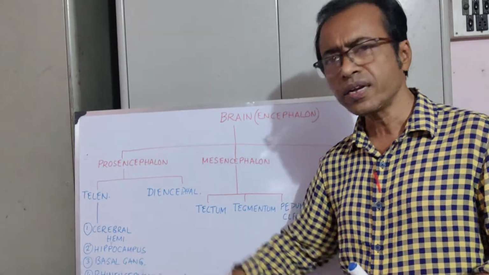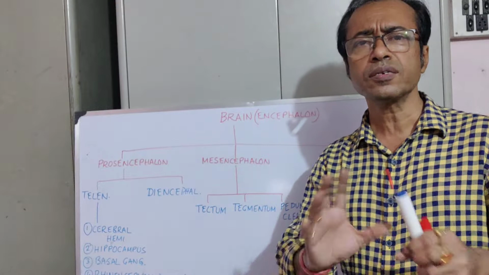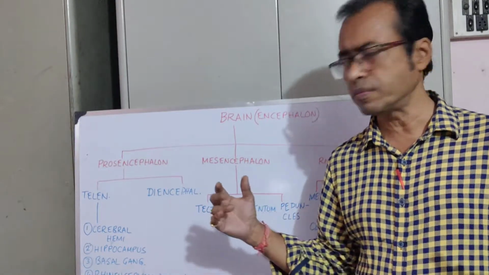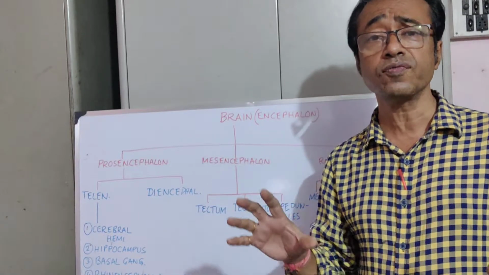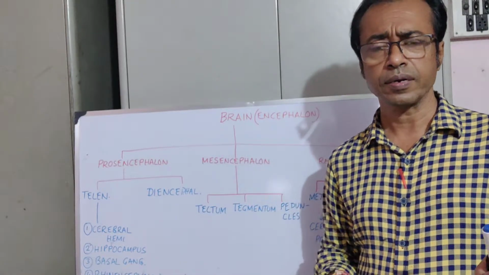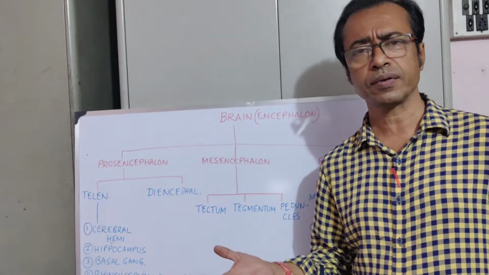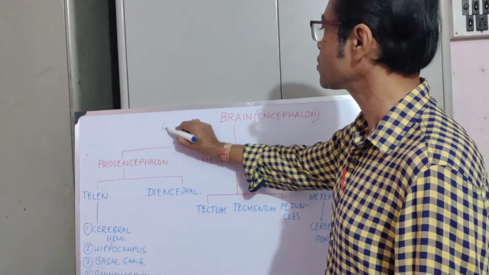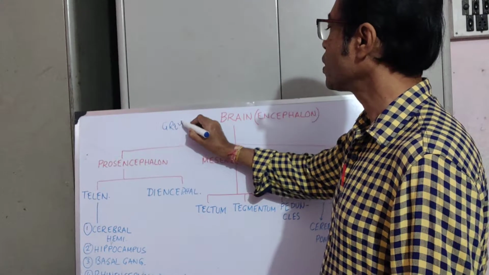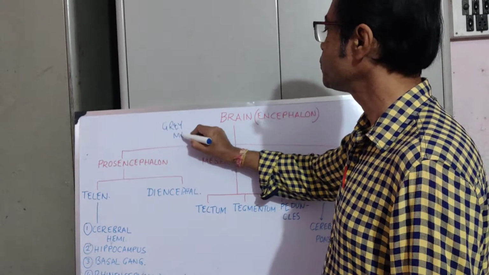Now the entire system of gyri and sulci consists of grey matter. What is grey matter? Grey matter is grey in color. Let's write over here: grey matter.